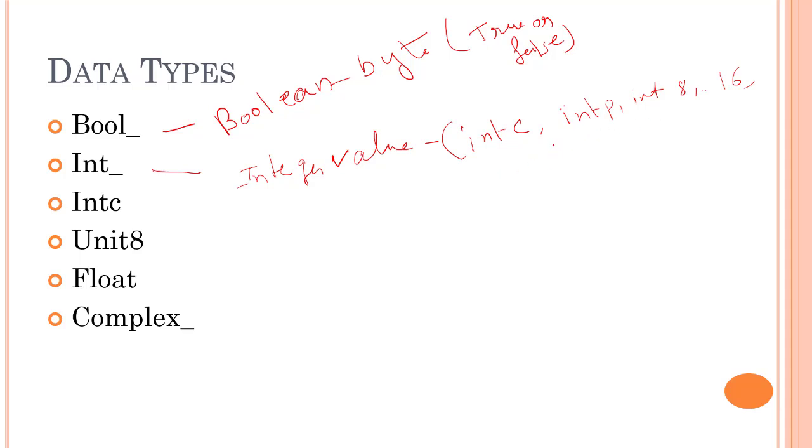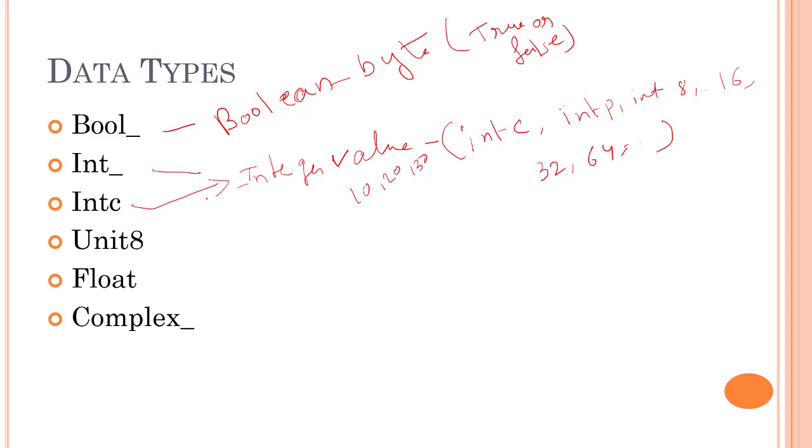So we start with int8, int16, then you have int32, int64. This is what our integer data types are used for. Whatever the integer value, if you want to store like 10, 20, 30, at that time we use the int data types.